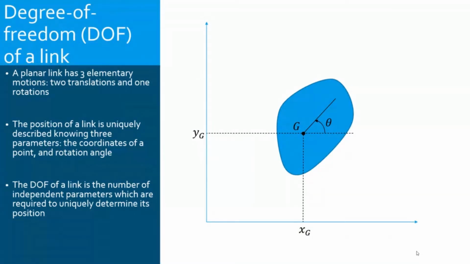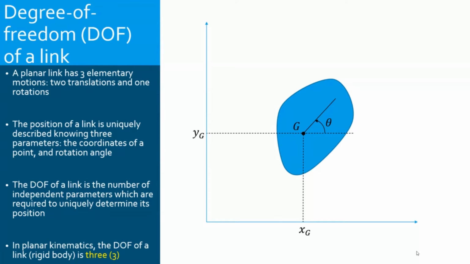So here in 2D, I need 3 parameters to describe the body's position. So the degree of freedom of a rigid body in plane is 3. Why? Because I need 3 parameters to describe the motion.